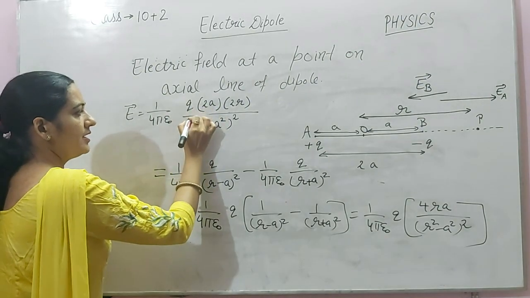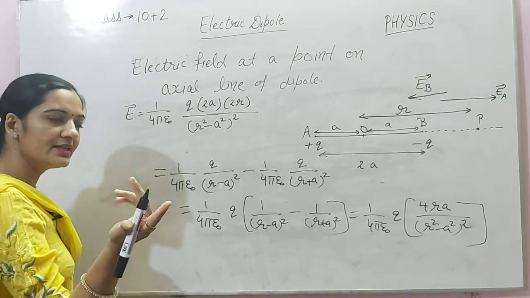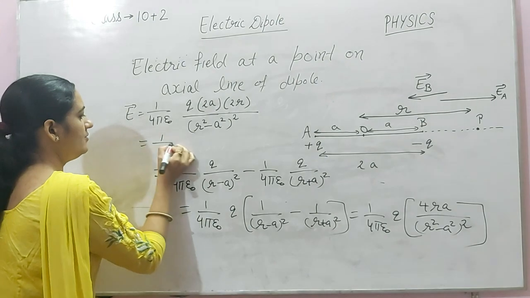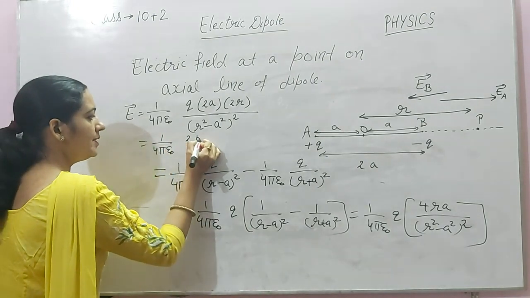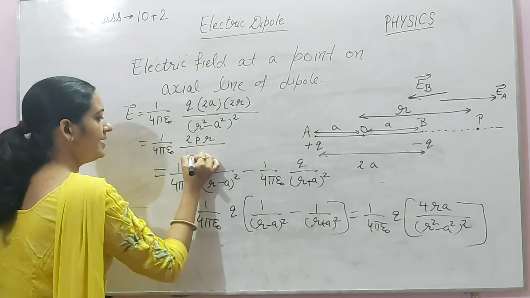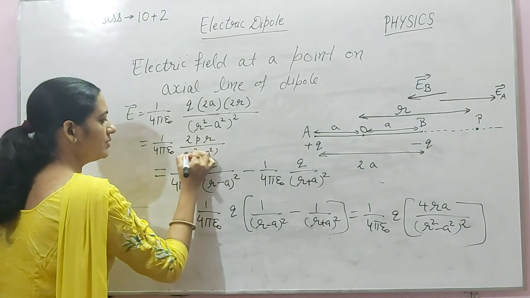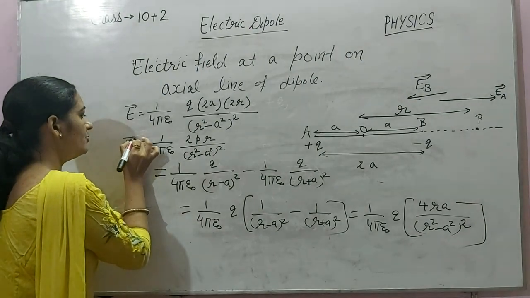Q into 2A, what is the value of Q into 2A? That is P. So we get 1 upon 4 pi epsilon naught 2PR divided by (R square minus A square) whole square. It is the value of E.